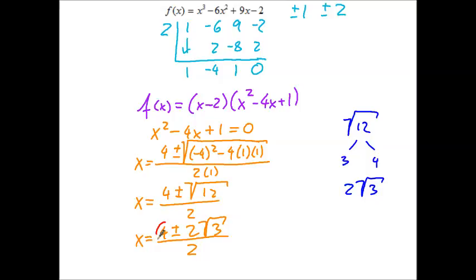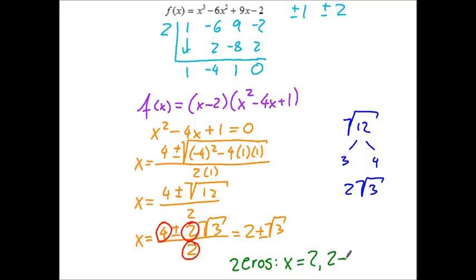And guess what? Since all these three numbers can be divided by 2, we can simplify, and we get 2 plus or minus the square root of 3, and now have all of our zeros, which are x is equal to 2, or equal to 2 plus the square root of 3, or equal to 2 minus the square root of 3.